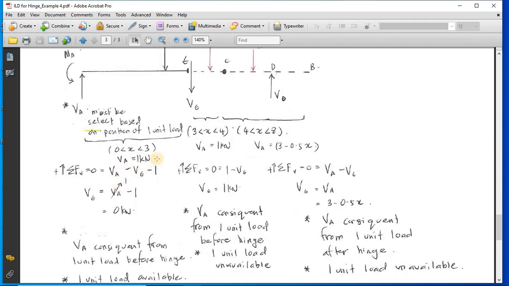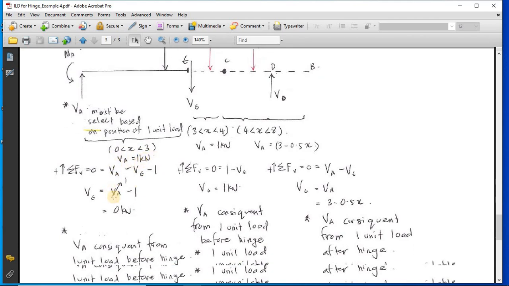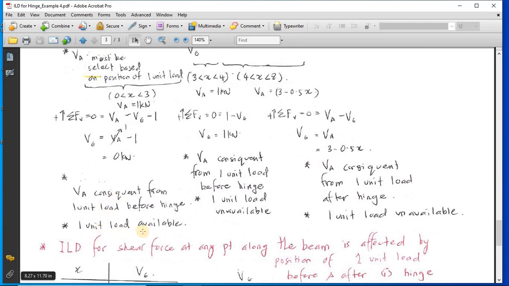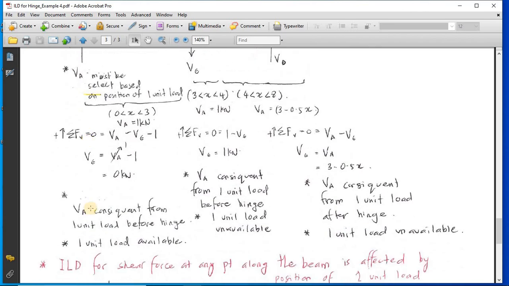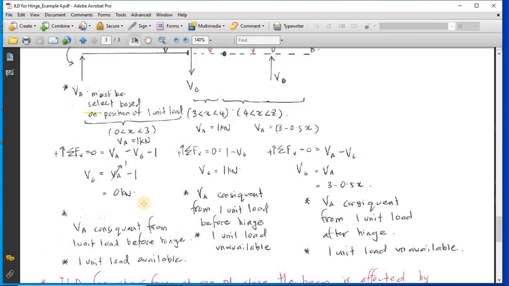Let's look range by range. Let's focus on the first range, 0 to 3. In this range, the one unit load is available, and VA is consequent from the one unit load before the hinge.